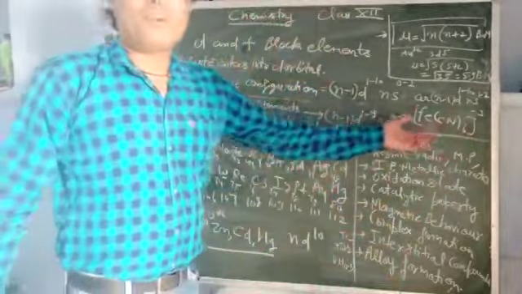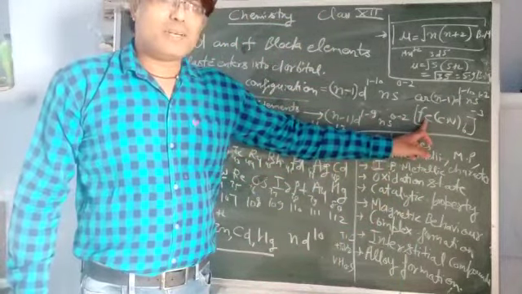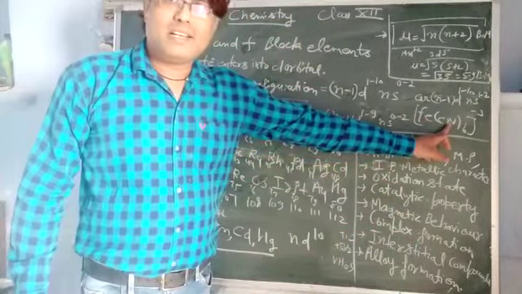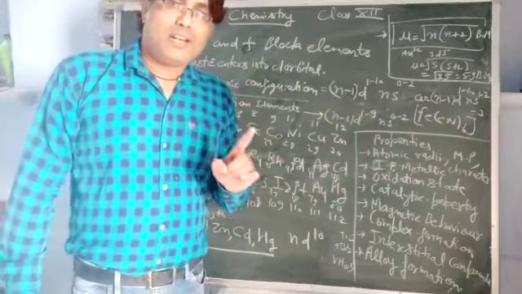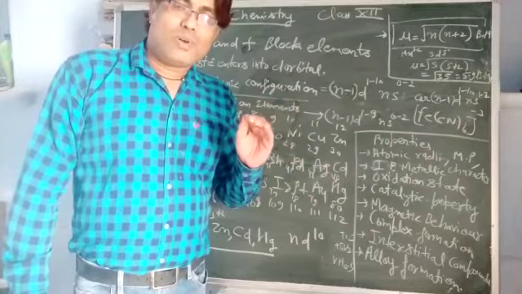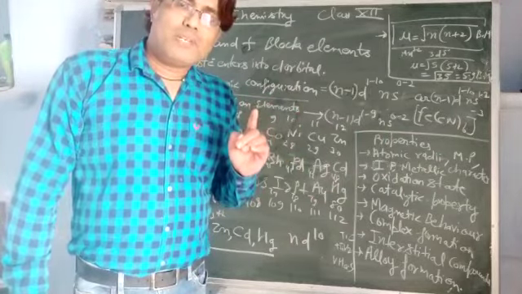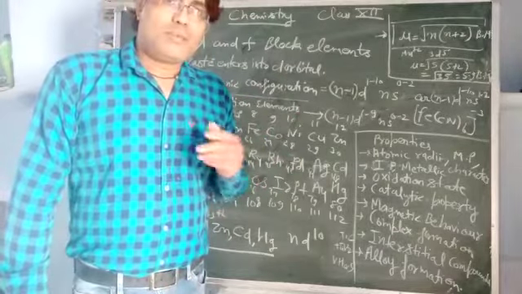That is an example of a complex. So in this, Fe+3 is the central metal ion, and CN- is acting as a ligand. Due to partially filled d orbital or vacant orbitals and small size or high charge density, the d block elements can form complexes. That is the reason why they form complexes.